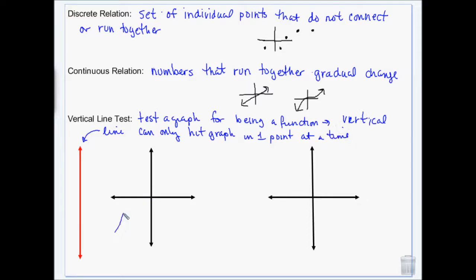So I could have some weird funky looking line like that. Just draw some weird funky looking line. Or I could have something like this, maybe.